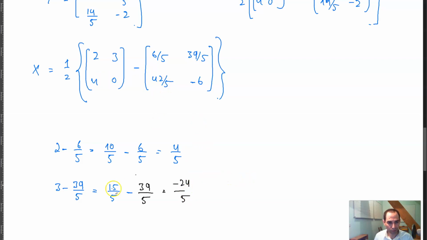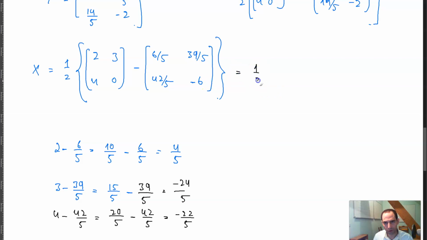And 4 minus 42 fifths is equal to 20 fifths minus 42 fifths, that's negative 22 fifths. And that is a 6, you already know that.